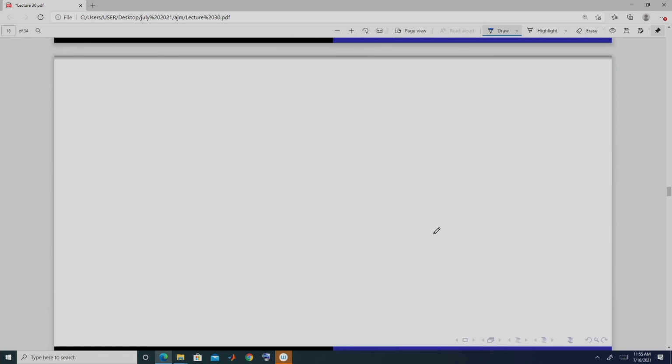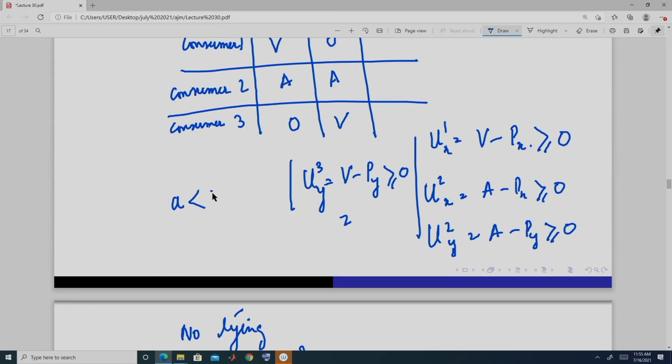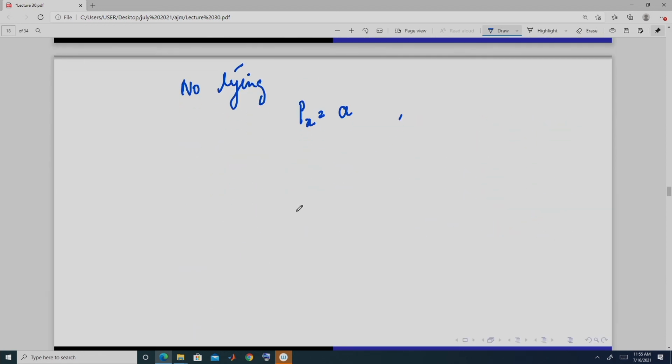Now, here suppose no time. Then Px can be A, and further here we assume that A is less than V. So, if Px is this, then profit from X is: consumer 1 is going to buy, because its utility is A minus V, now it is positive.